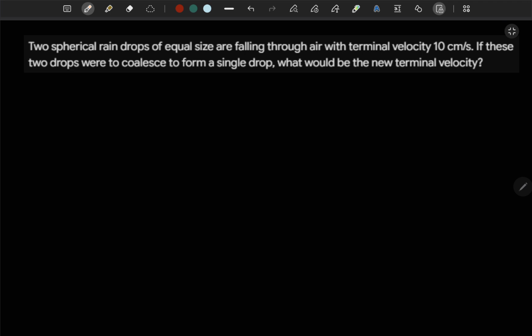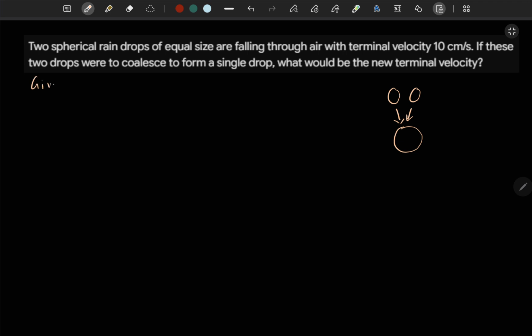Here is the last question on this topic. Two spherical raindrops of equal size are falling through air with terminal velocity 10 cm per second. If these drops were to coalesce to form a single drop, what would be the new terminal velocity? So two drops of water falling down and coalesce to a single bigger drop.